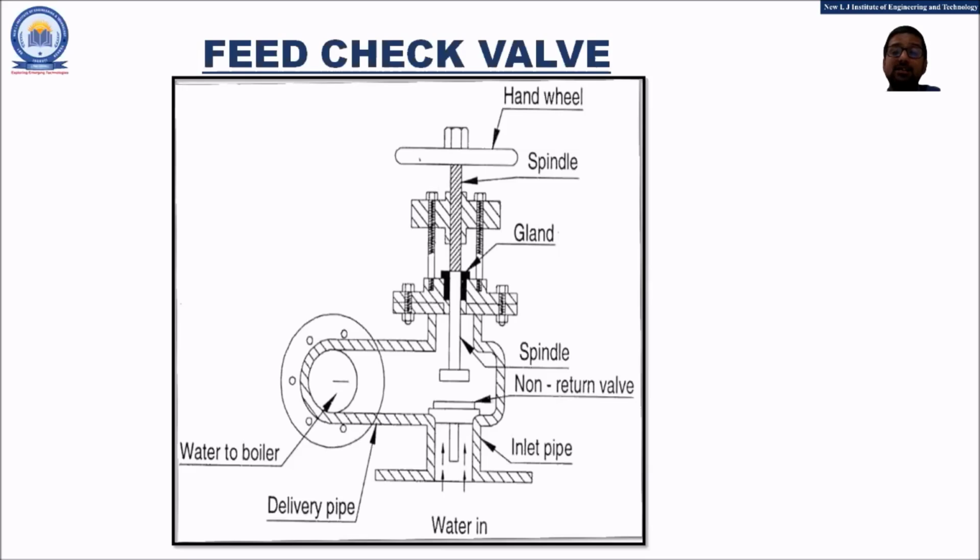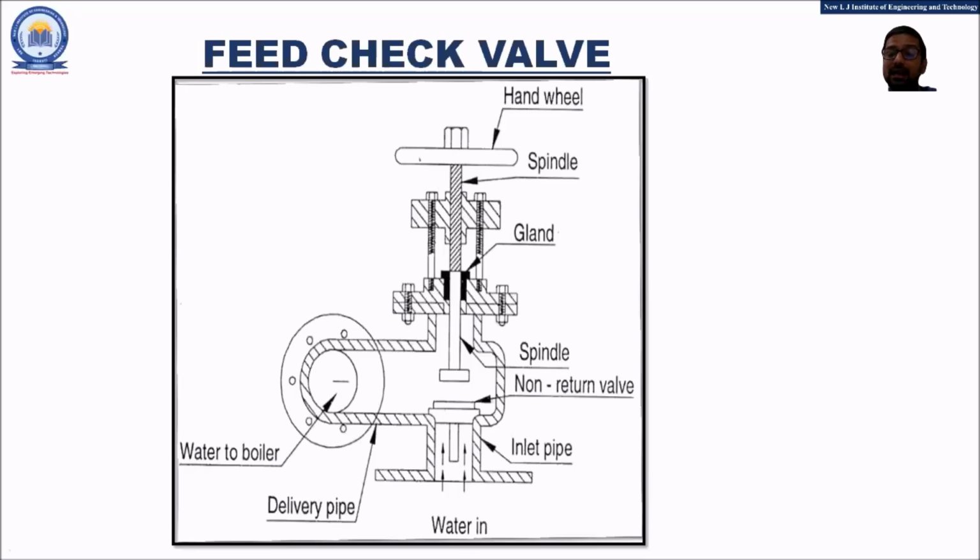Once the water has filled in the boiler, it needs to be converted into steam. And in the case when the boiler operator does not need to fill any water in the boiler, he will operate the hand wheel, the spindle will move down, the spindle will force the non-return valve, fixing the non-return valve in its original position.